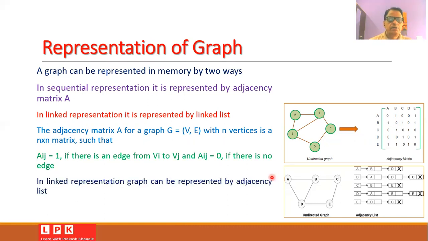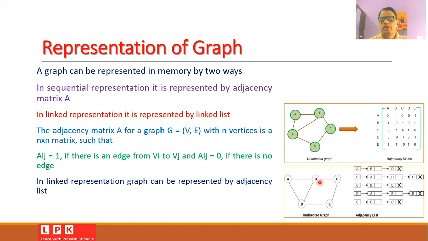Now in the linked representation, whenever we want to represent the graph, it is necessary to create the adjacency list, and then by making use of the adjacency list, we can represent the graph. For example, if this is the graph given, then we know that A is connected to B and A is connected to D, and therefore we can have a pointer from A to B and from B to D, and then the pointer of D will hold a null value.